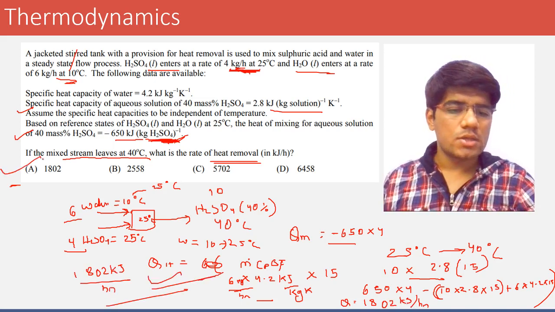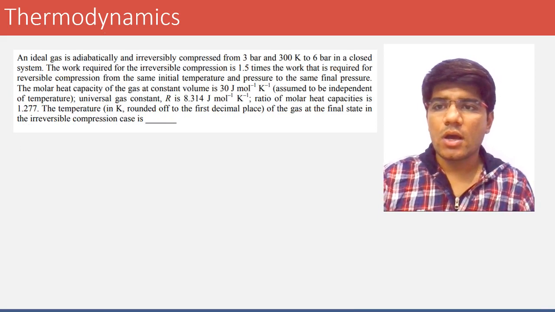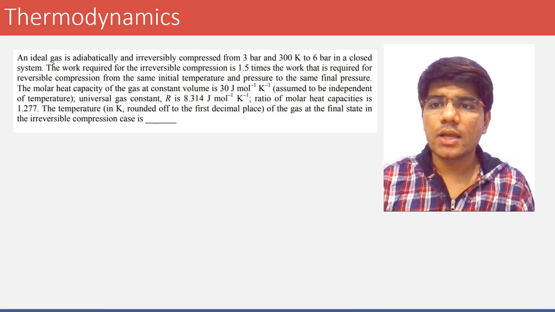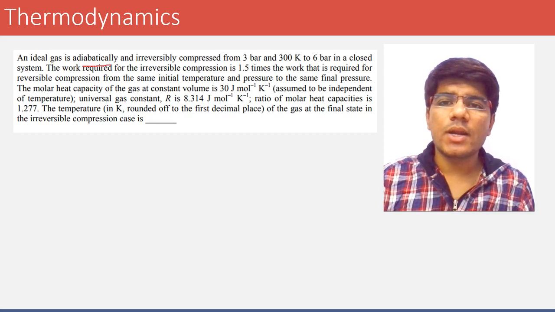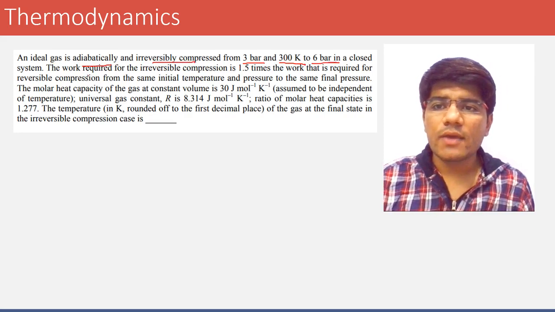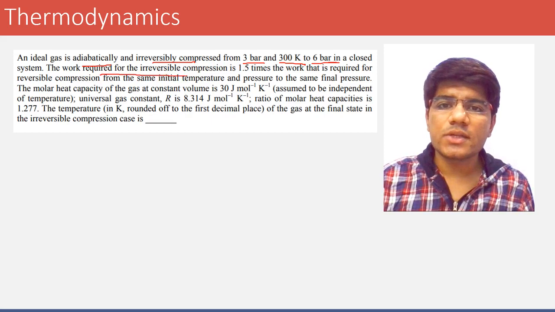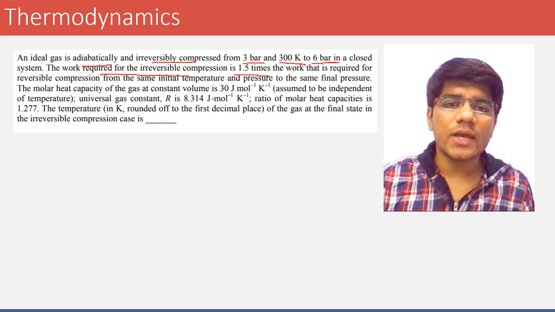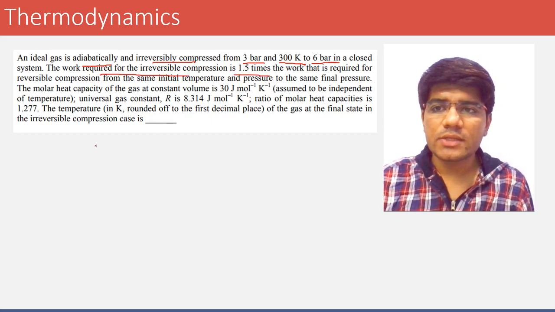The next question is a very interesting question. An ideal gas is adiabatically and irreversibly compressed from 3 bar, 300 Kelvin to 6 bar. We are given that the work required for the irreversible compression is 1.5 times the work required for a reversible compression.